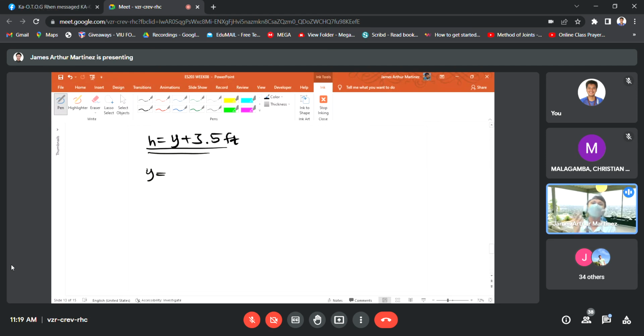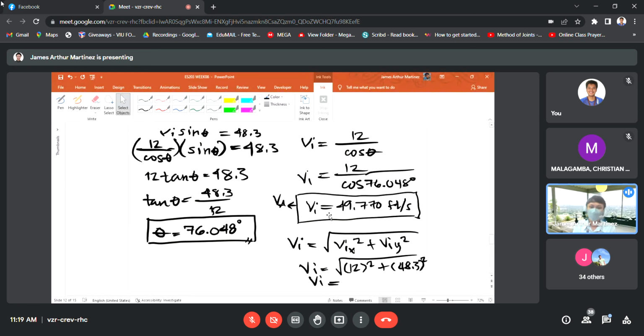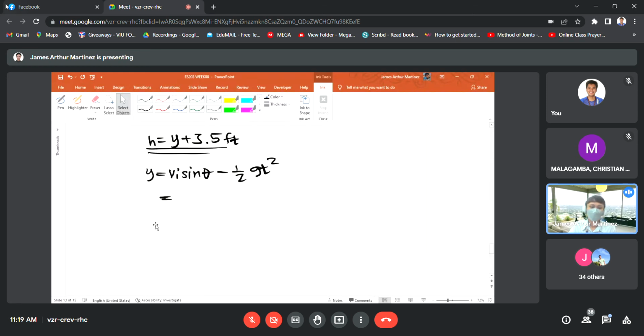We have the second equation, the y component of projectile motion, equal to VI sine theta times t minus 1/2 g t squared. Given the time and constant gravity, VI sine theta is the problem, which in this part of our solution is no longer a problem since we already got VI as well as the angle theta. So you can just directly substitute those values to solve for y.